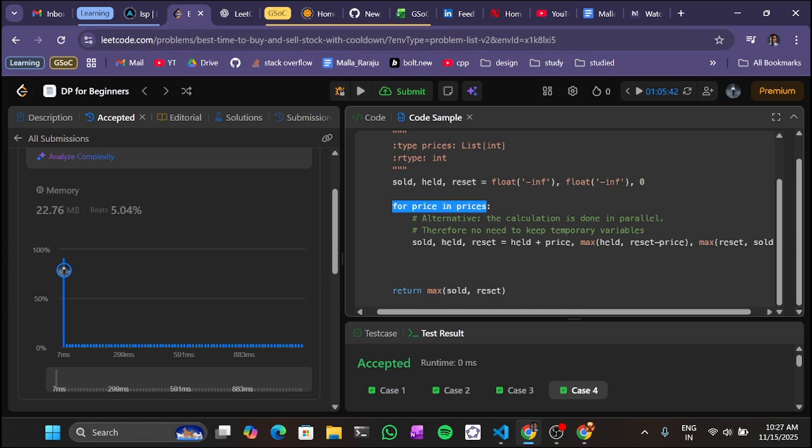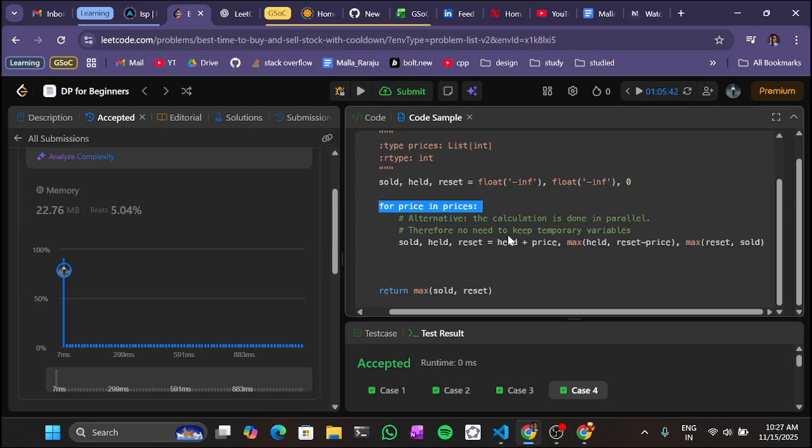We go through the prices. What we are doing is held plus current price, and initially we cannot be sold, so held plus current price won't be any effective, and after we update the held, then sold will be okay.